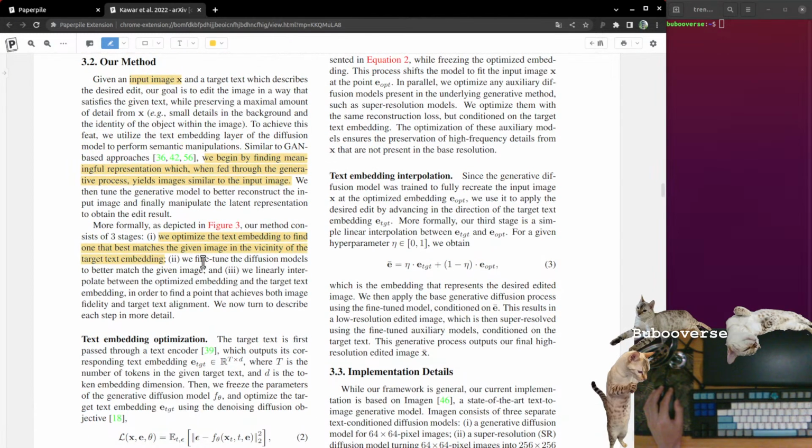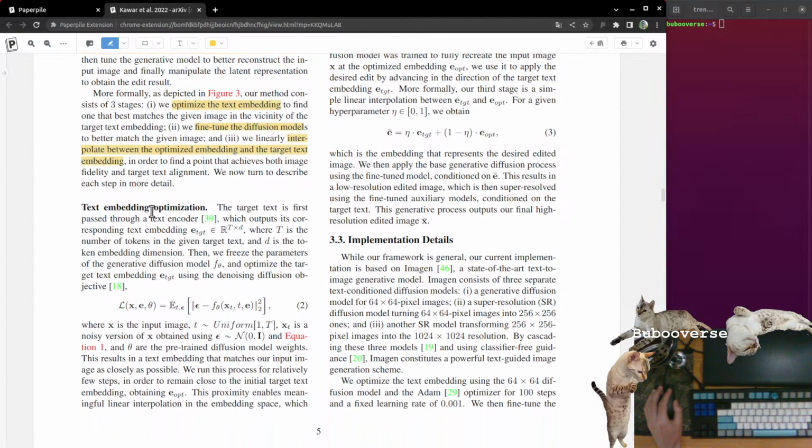Fine-tune the diffusion model. So first you're optimizing the text embedding. Then you're fine-tuning the diffusion model. And then finally, you're interpolating between the optimized embedding and the target text embedding.